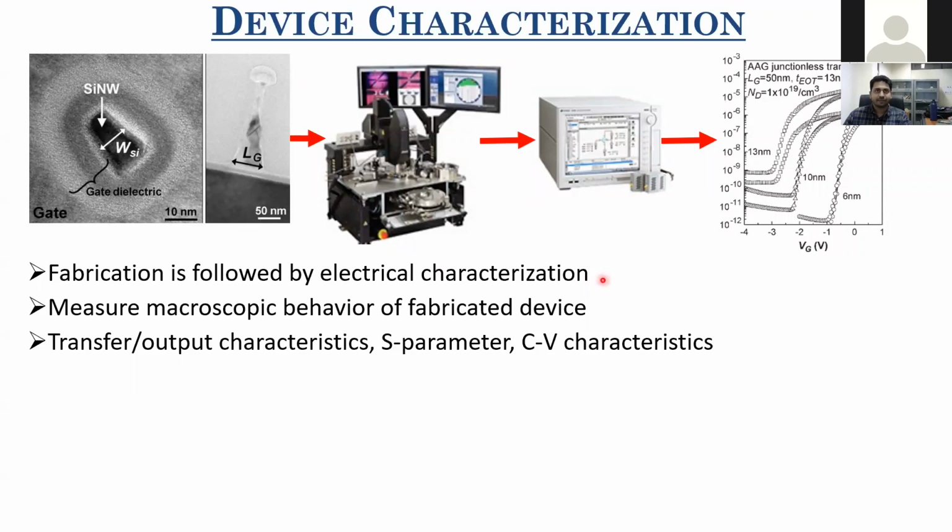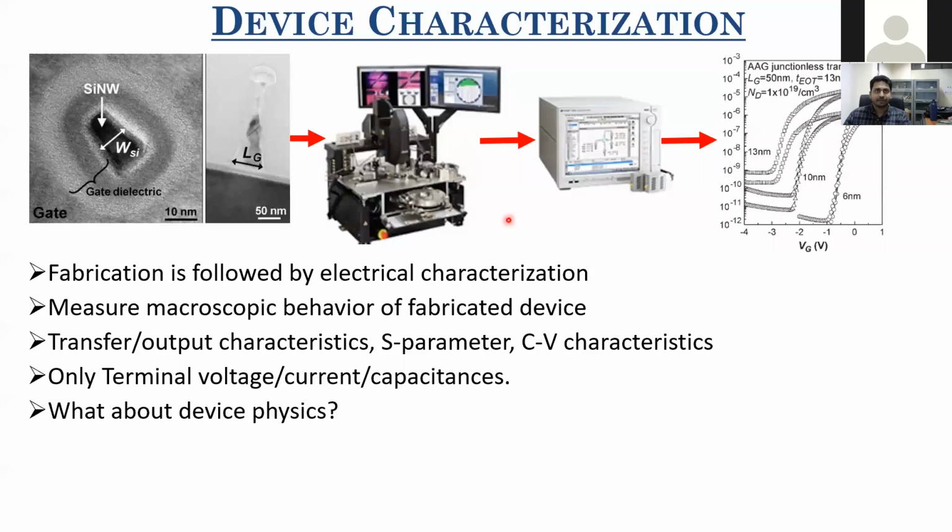Because of this electrical characterization, we can have a relationship between the currents or voltages at the different terminals or electrodes of the device. However, what electrical characterization doesn't give us is device physics. What exactly is happening inside the device? We are just able to see the relationship between terminal voltages, currents, and capacitances. What about other things? Why exactly is the device giving such a result?